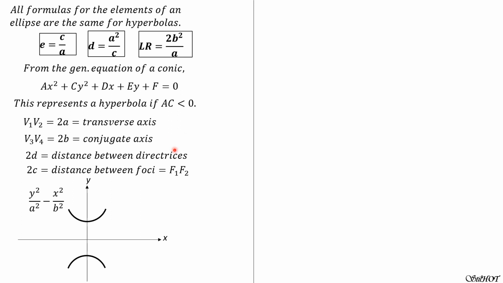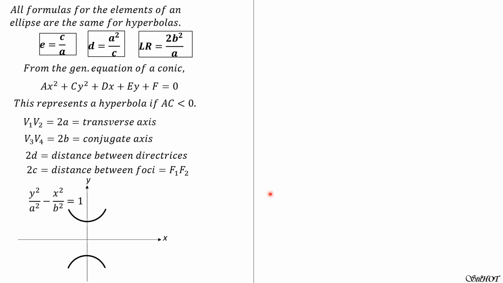So it is automatic that the positive term in this standard equation has its denominator a squared, regardless of whether a squared is greater than, less than, or equal to b squared. Remember that for hyperbolas, a can be equal to b, less than b, or greater than b. So, because the transverse axis is on the y-axis, the squared term would be y squared, and the denominator is automatically a squared.